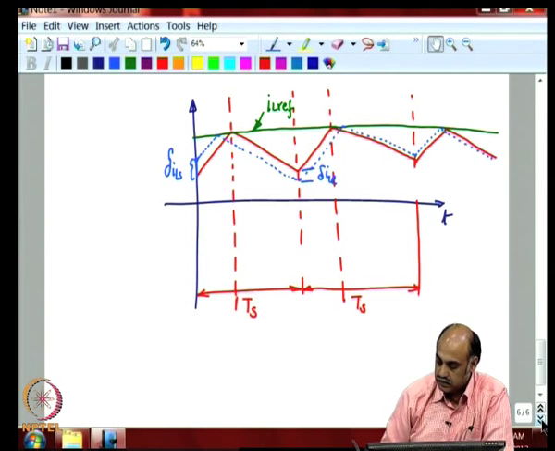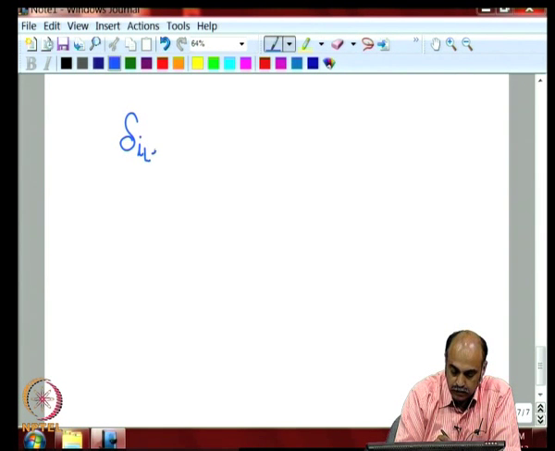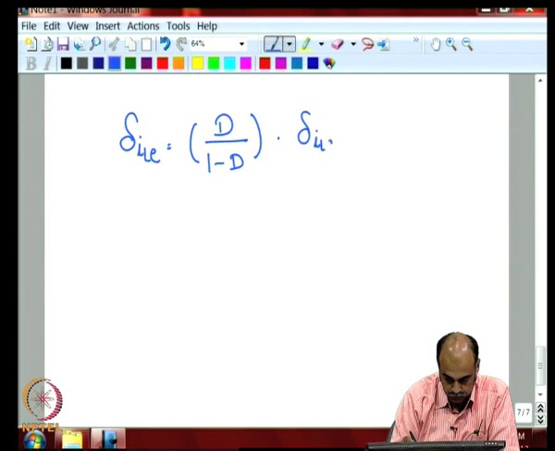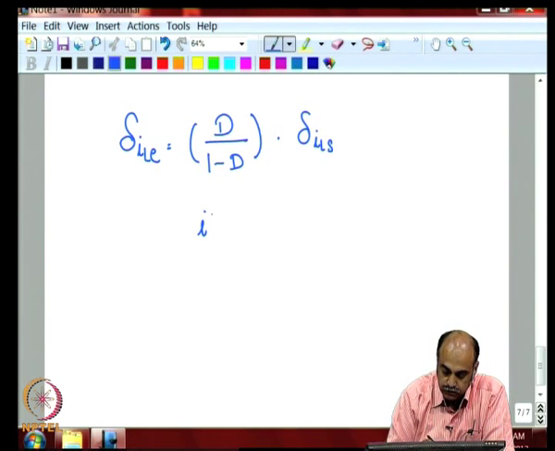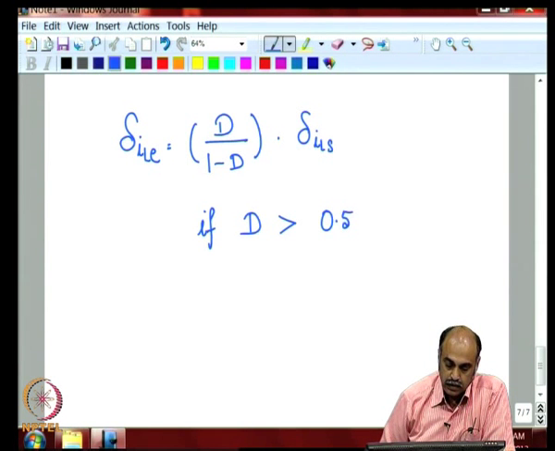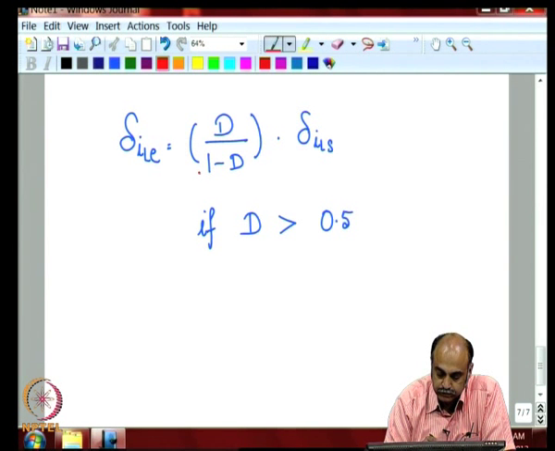Now, let us take the case when the duty cycle is greater than 0.5. So, if duty cycle is greater than 0.5, then what happens? This factor is a number which is greater than 1.